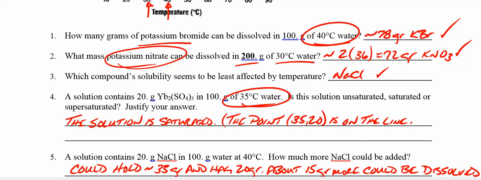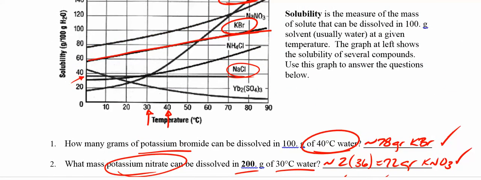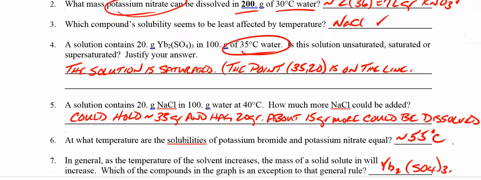So let's take a look at yttrium sulfate at 35 degrees. If we look at the graph, if this is 35 degrees, when we look at yttrium sulfate, that's this one right here, we go up. That looks like it's about, well, let's say it's right there. So if we go across right here, that puts us right at 20. Well, it's telling us in the problem that there are 20 grams.